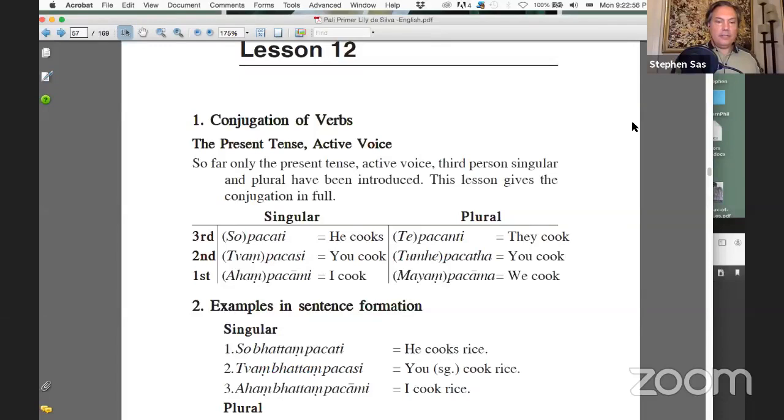And so we are familiar with, because we've only been doing third person, singular and plural, pachati, pachanti.